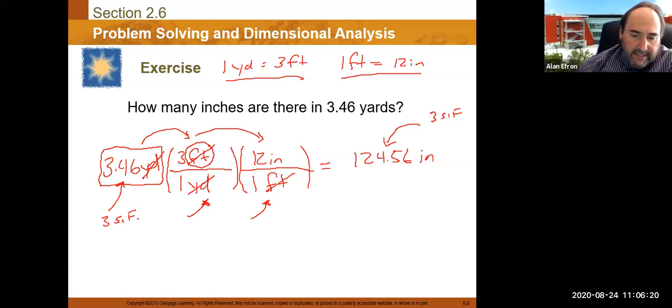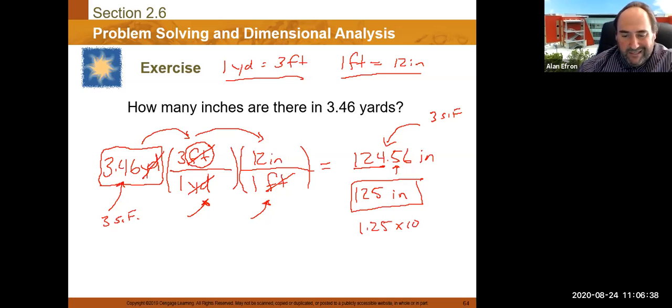That takes us technically to here. We then look at this number, which on my calculator is a 5, and that means you would most likely round to 125 inches. Or again, you could use scientific notation, 1.25 times 10 to the 2 inches. Either way you could do it.